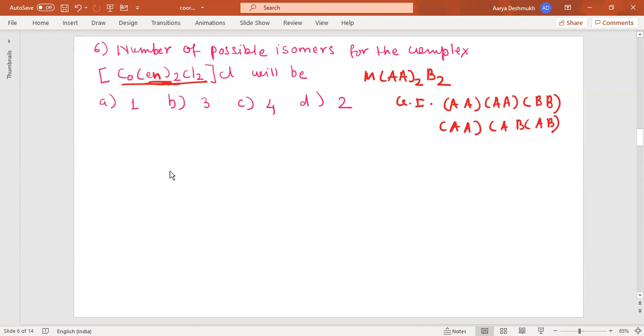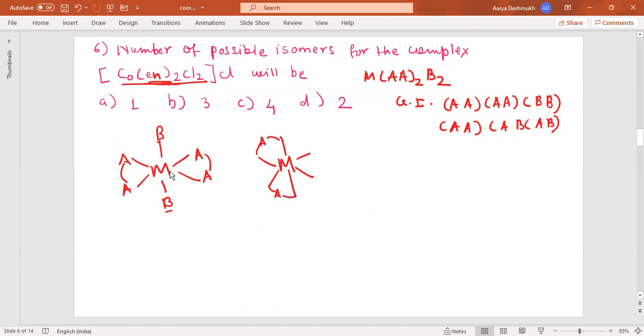So here I can draw the structure for this, just to check whether I am correct or not. Two bidentate ligands are there, and these two are the unidentate. So this one is the possible one. Next, you can draw like this, AA, and then here it is B. You can draw this way or this way also.